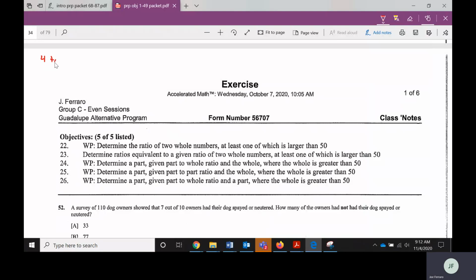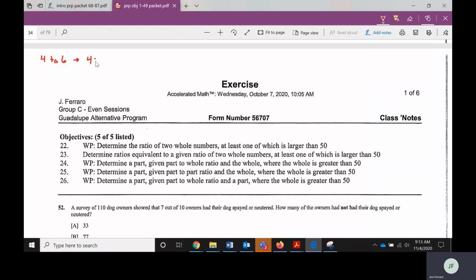One way is something like 4 to 6. That would be like, if you're baking something, 4 cups of one thing to 6 cups of another for a recipe. So it would be 4 to 6.